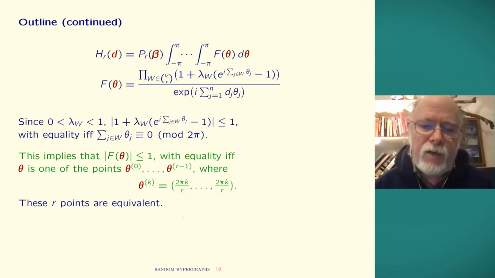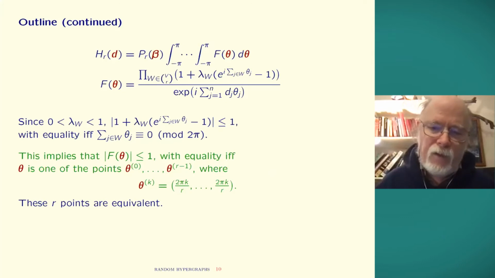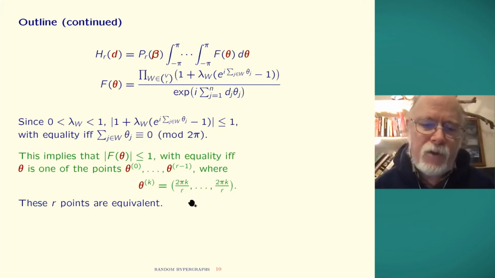So there's one at the origin, and there's one where everything is 2 pi over r, and so on like that, evenly spaced around the circle. But the thetas are not allowed to be independently at those r points. They have to all be at the same one. So this gives you r points of concentration in n-dimensional space.